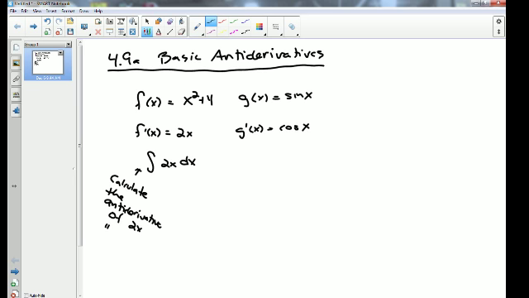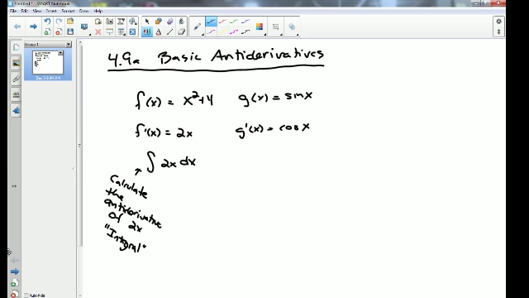We call it an integral. That's what this whole thing is called, an integral. It's very integral to calculus.